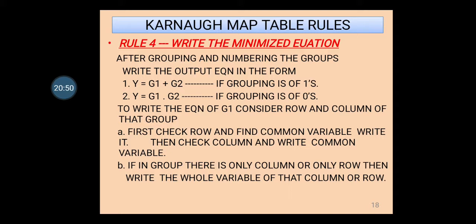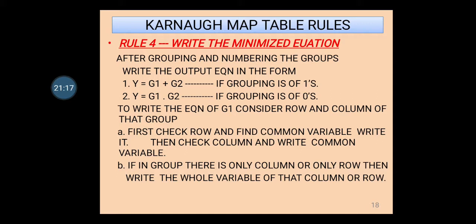So for that purpose, the very first thing you have to understand is, first you take one group, and in that group you check the row and find the common variable and write it there, and then check the column and write the common variable. Since a K-map is a matrix table, and a matrix has rows and columns, you are going to check both.